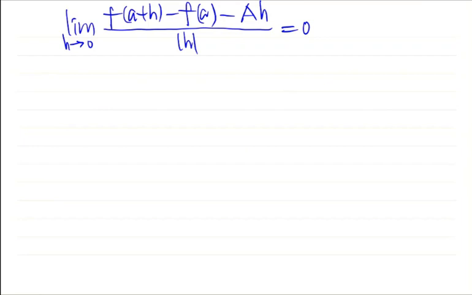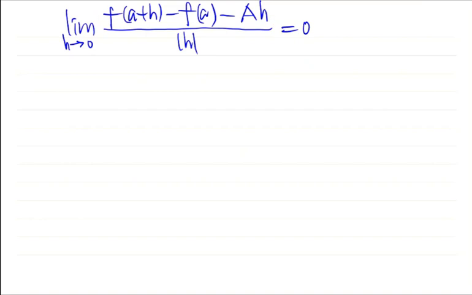A quantity goes to 0 if and only if its norm goes to 0. Therefore, we can also replace our definition by taking the norm around the numerator of this definition. This is the first remark.